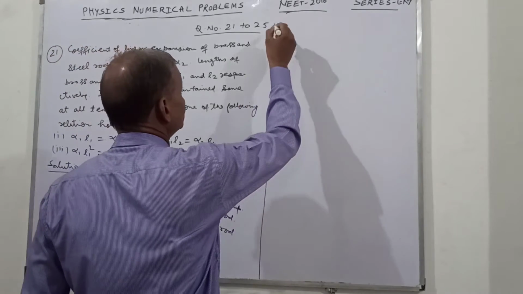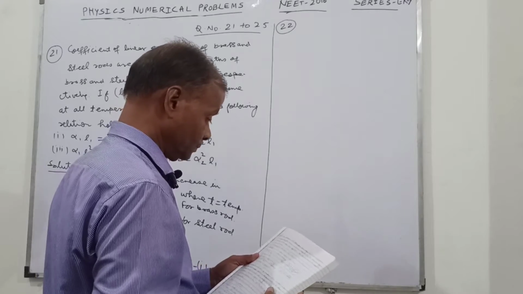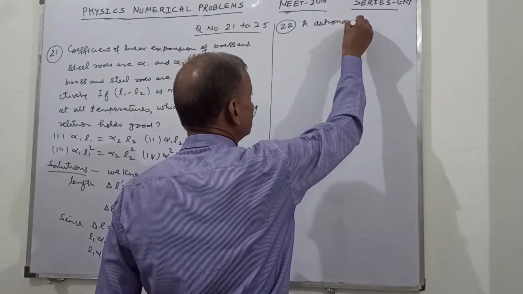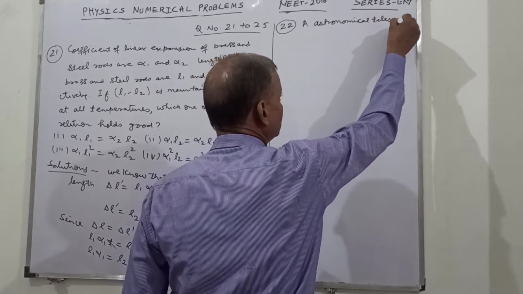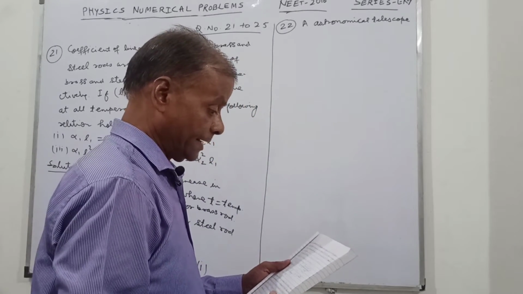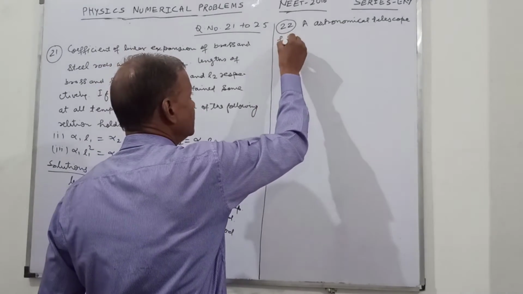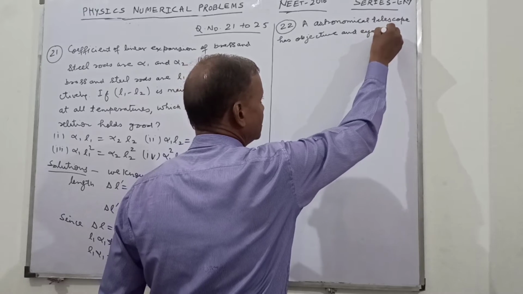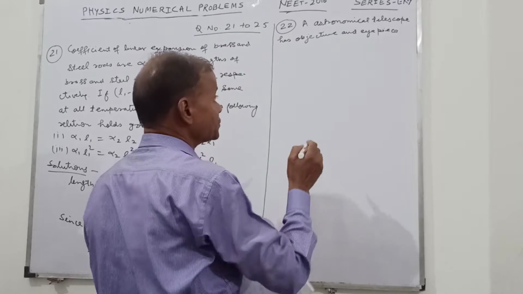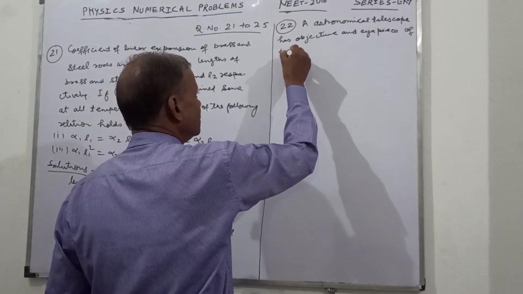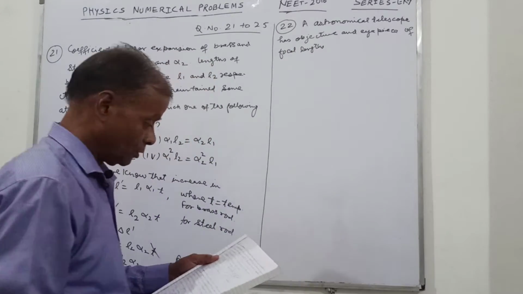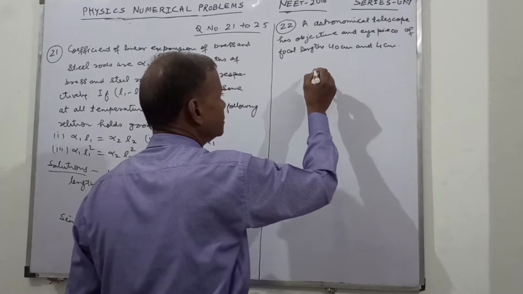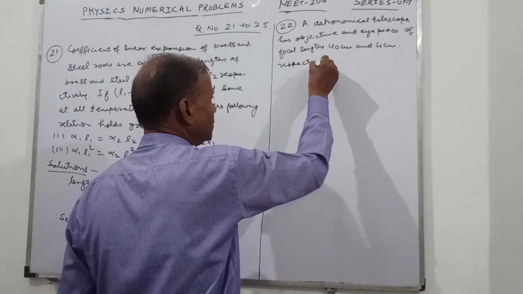And now question number 22. An astronomical telescope has an objective and an eyepiece of focal lengths 40 centimeter and 4 centimeter respectively.